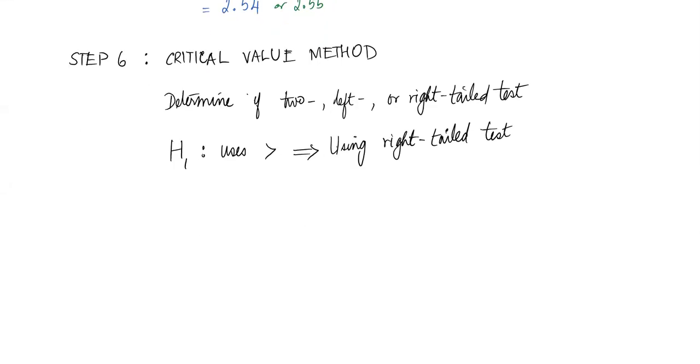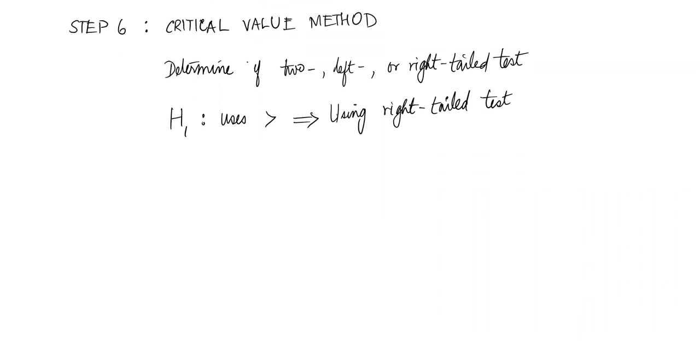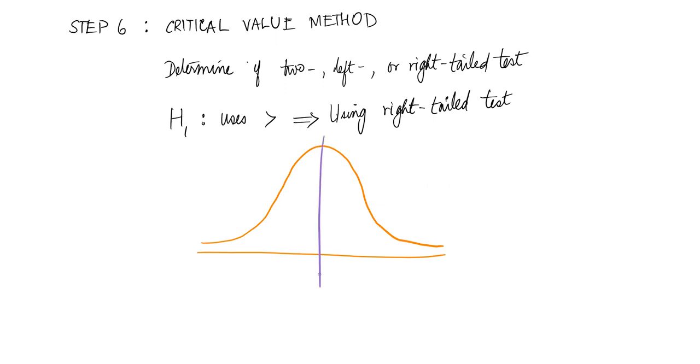Okay. Let's draw the graph, for this you have to draw the graph to get the region. This is your mean. And we used alpha.